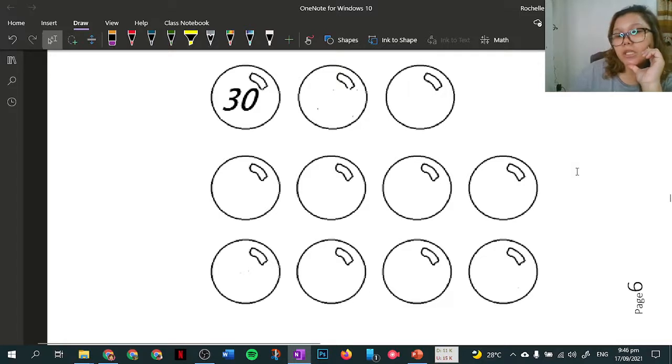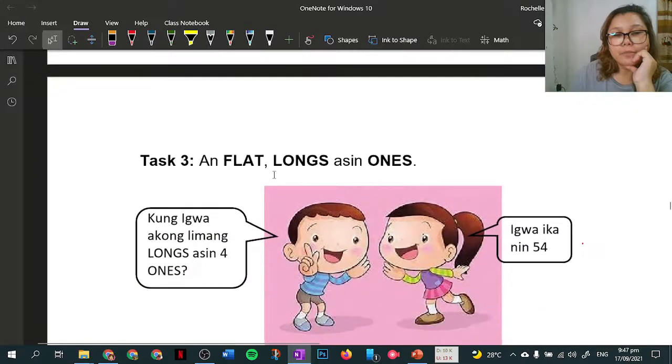So, you need to give, ilan yan? 10 na numbers following 30. What's next to 30? So, bilang ka na lang. So, it's from left to your right. Pause to finish this part. And then when you're done, let's proceed with task 3.